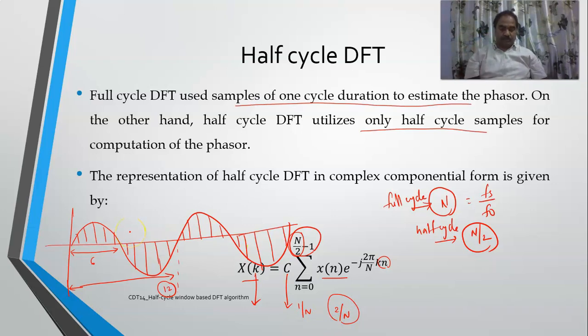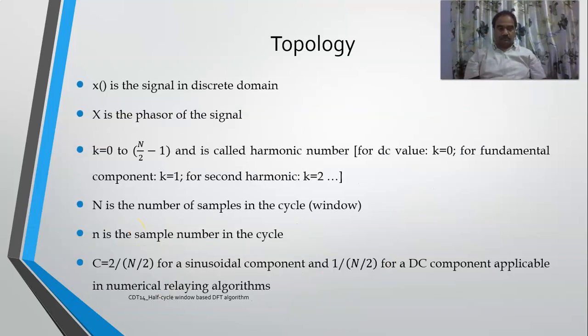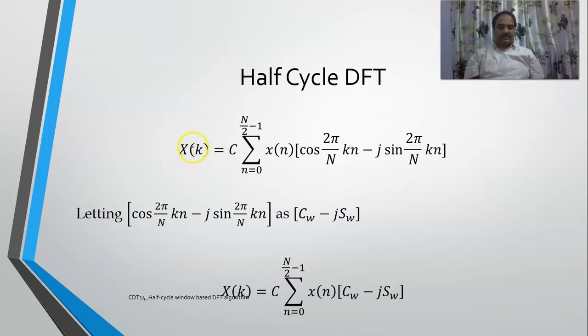Okay. Now, the half cycle DFT is very similar to the full cycle. The only difference is that here, instead of N minus 1, I am going to consider only N by 2 minus 1. So the same phenomenon.